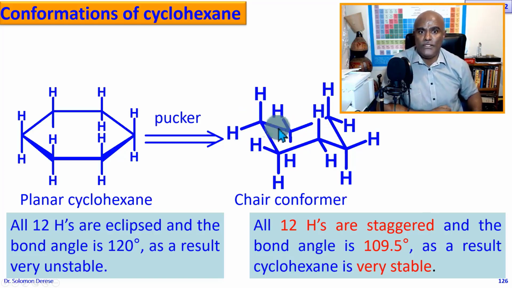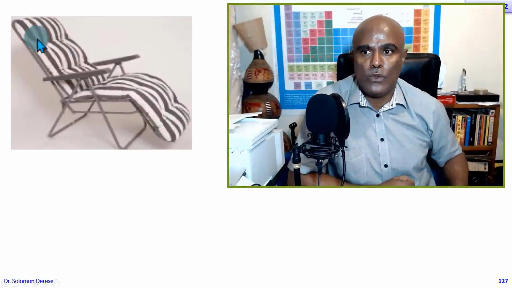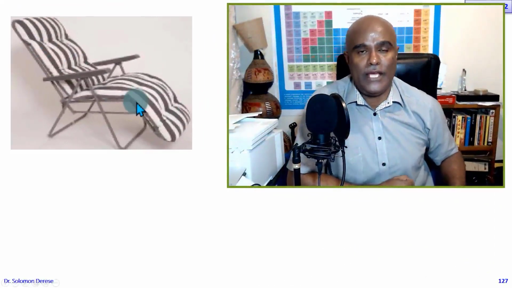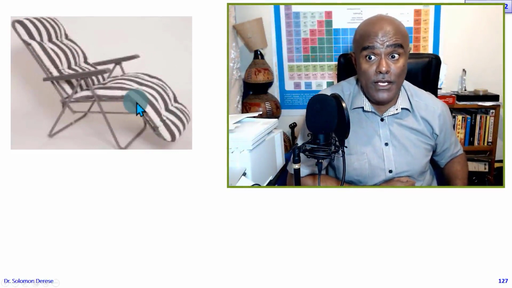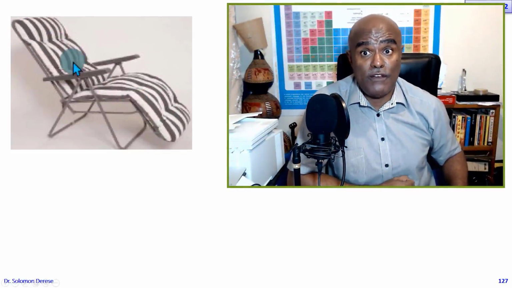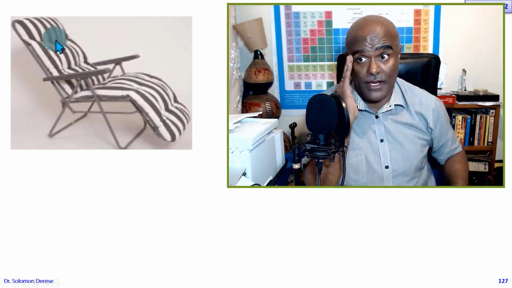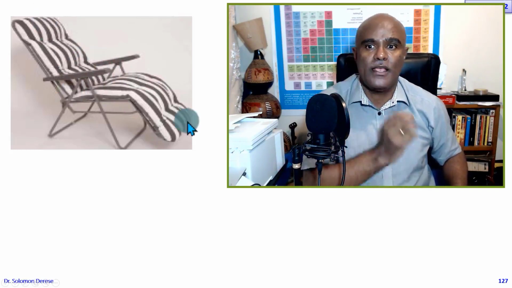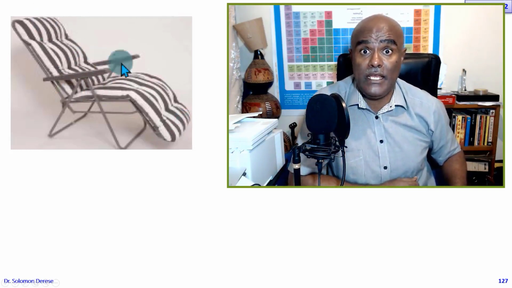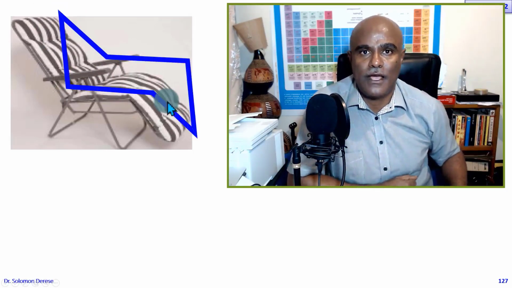Let me convince you the most stable conformer of cyclohexane looks like a chair. Let's look at this chair, this lazy chair. It is possible to put the 4 carbons, one here, the other one here, the other one there, another one there, and the 5th one here, and the 6th carbon in here, of the chair conformer of cyclohexane, like that.